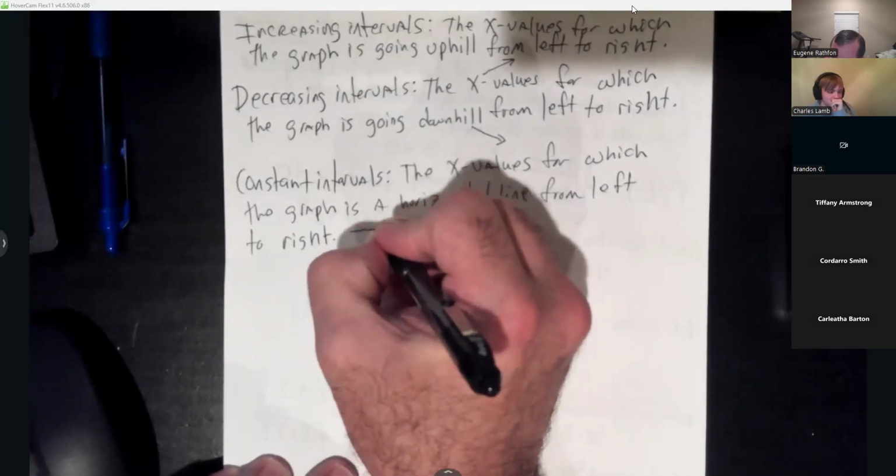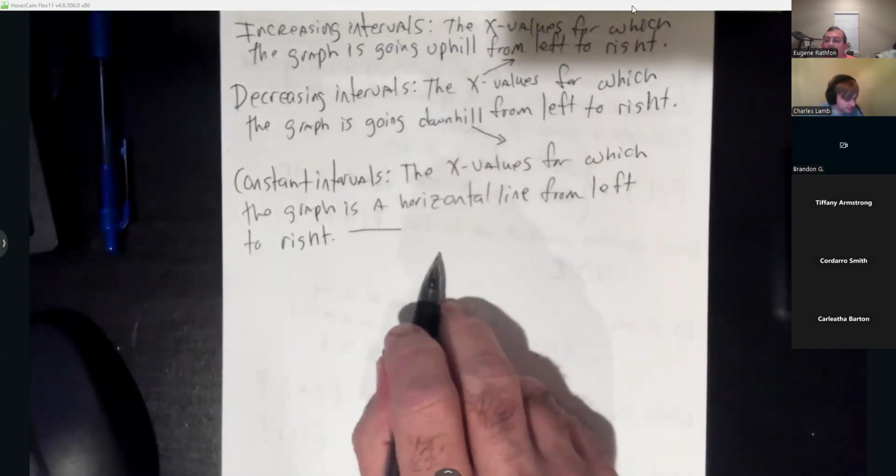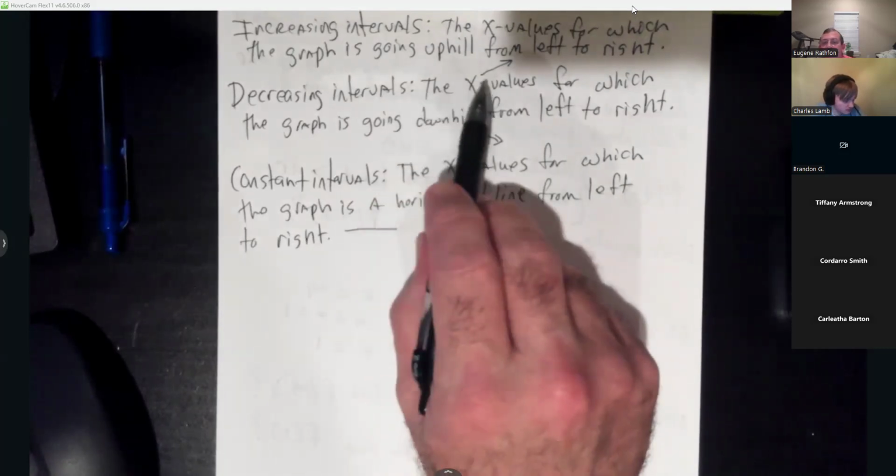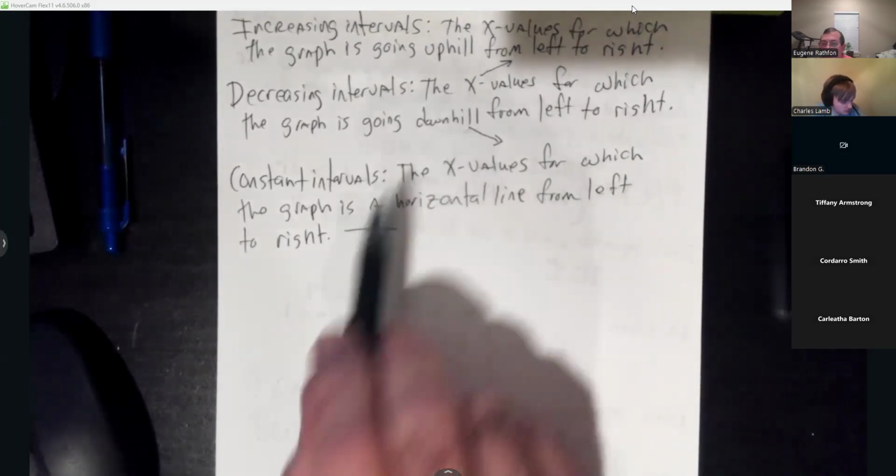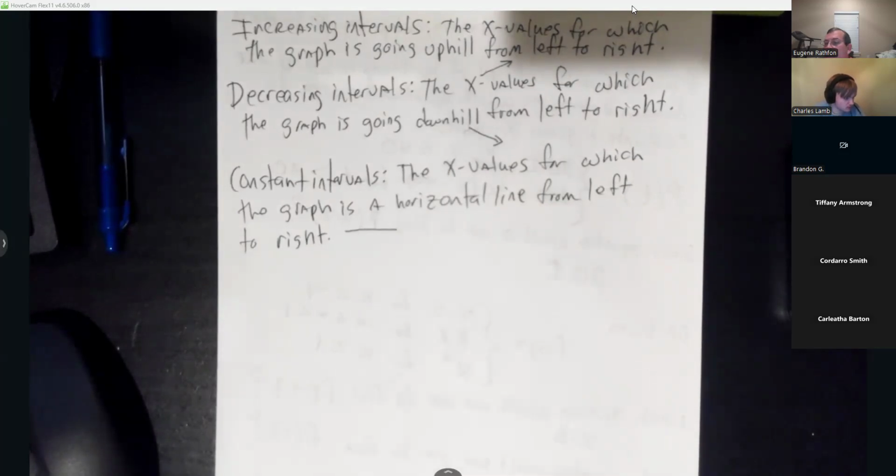So it's sort of going to be a zero slope. It's just going to be a straight line going across. So your three intervals, increasing, decreasing, and constant. Now to write my intervals, I'm going to put them in interval notation using the parentheses, okay?